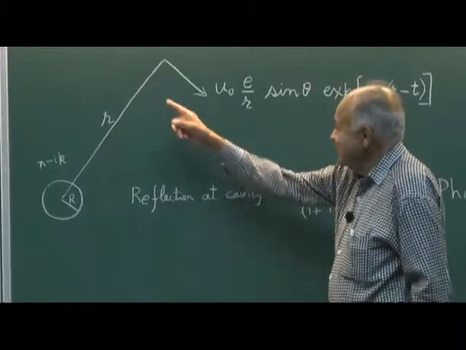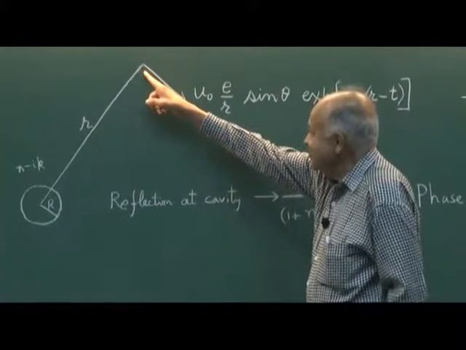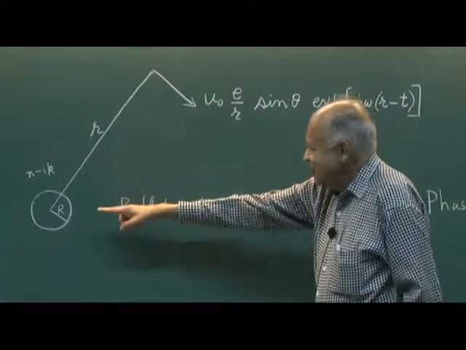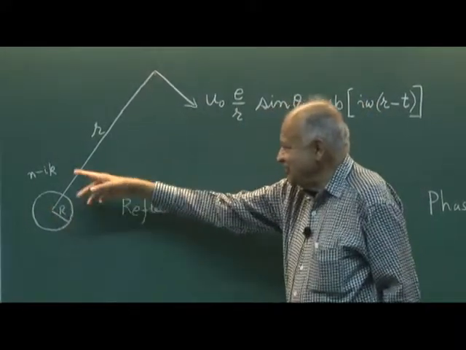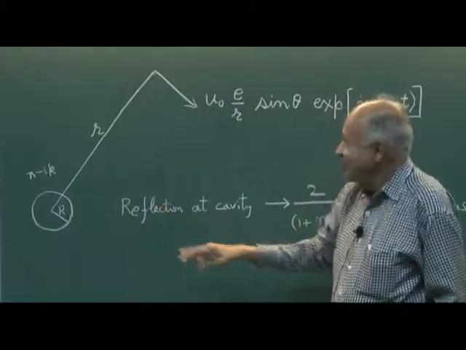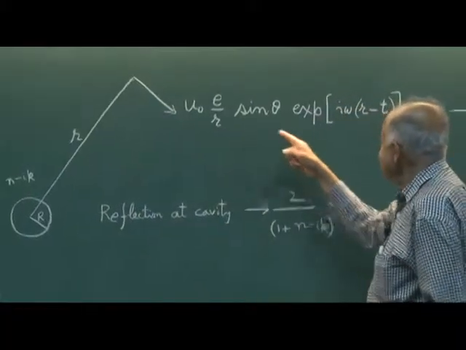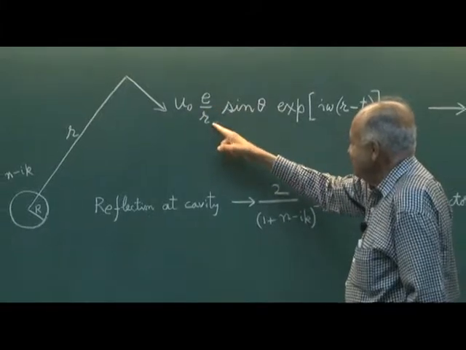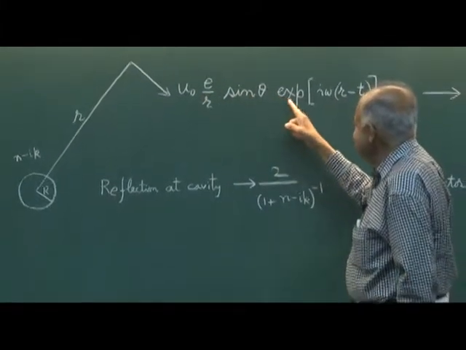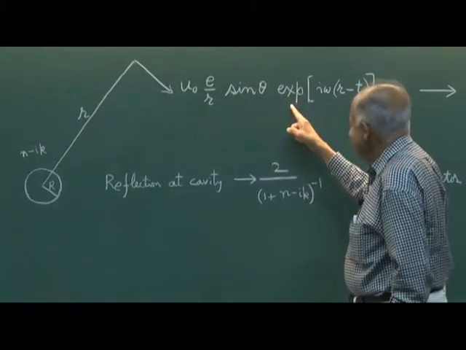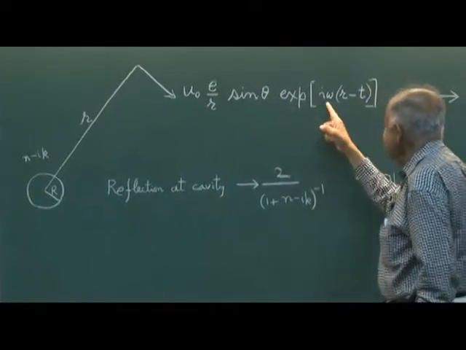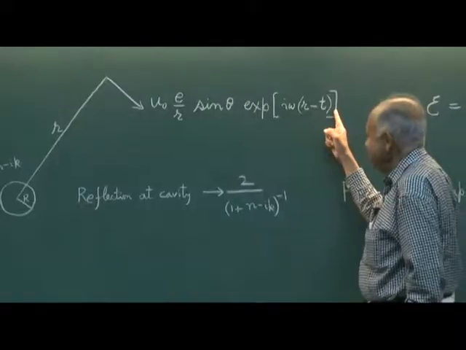So, imagine what the field here would have been from this electric charge if there were no other particles. Then this is the simplest solution you get, u naught E upon r sin theta, I will explain what sin theta is, times exponential i omega (r minus t).